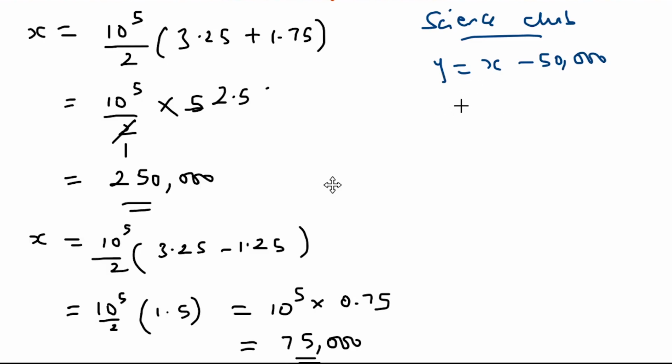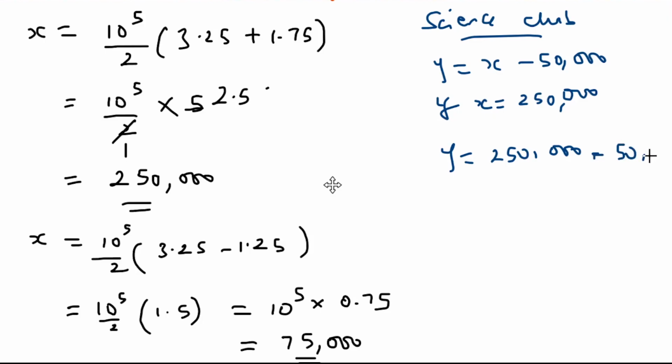So if our x is 250,000, let's see our y. Our y will be equal to 250,000 minus 50, and this gives us 200,000.